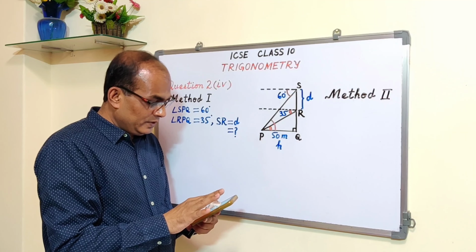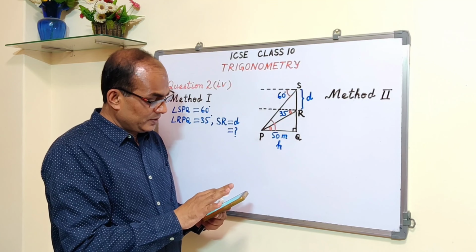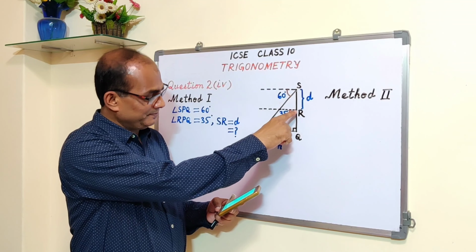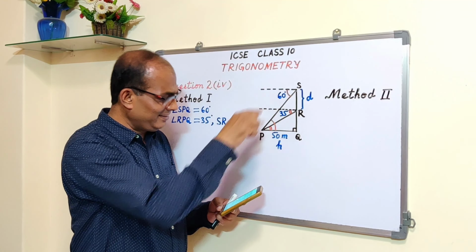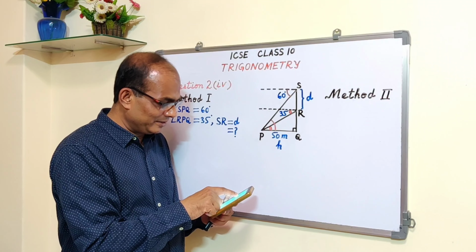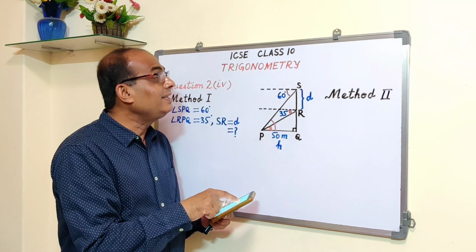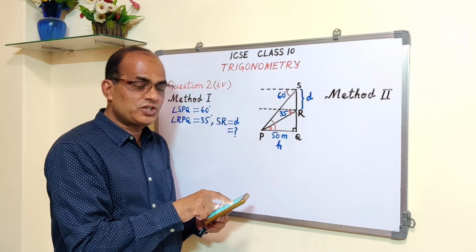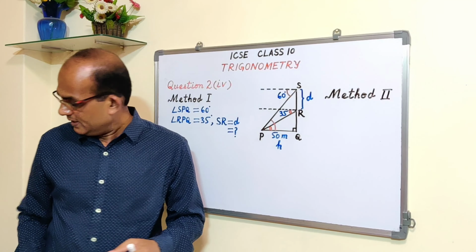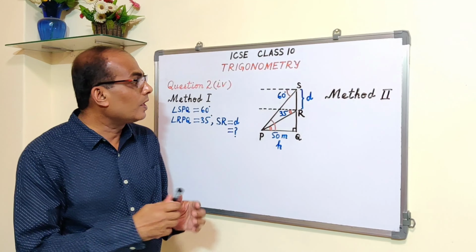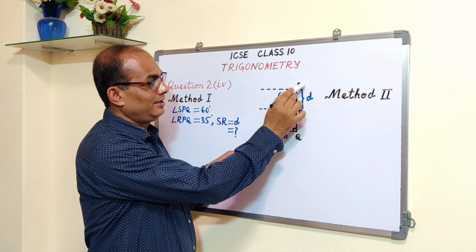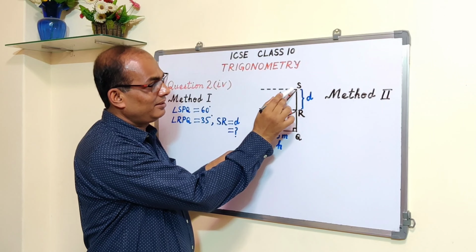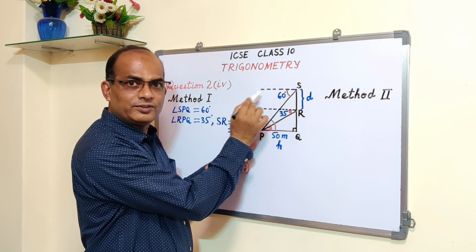So the angles are, from R the angle is 35 degree, and from S the angle is 60 degree. They are the angles of depression. This is the object P. This is the position S. This is the horizontal line, also given in the diagram.